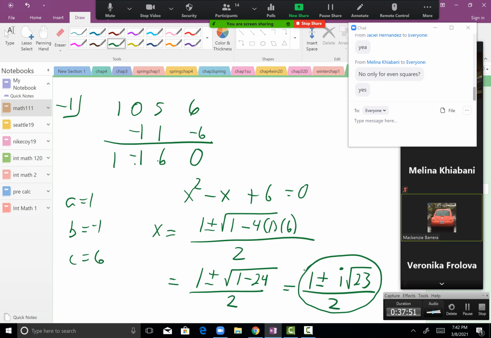Oh, sorry. How can we put the i in front of the square root of 23? So whenever you have a negative under the square root, like it was negative 23, that means the square root of negative 1 times the square root of 23. And the square root of negative 1 is what i is equal to. So that's where the i comes out in front.